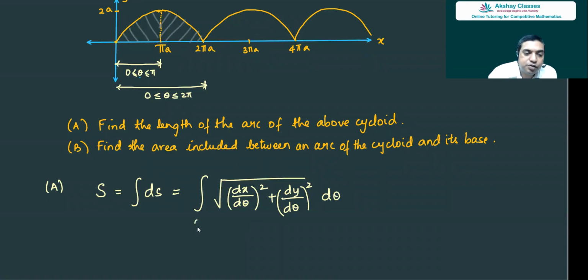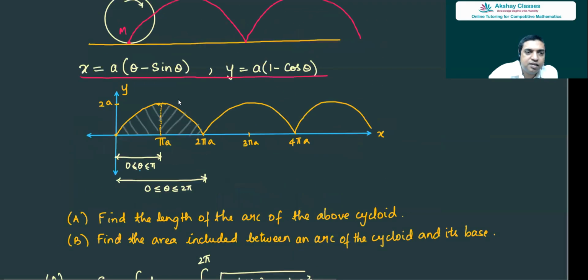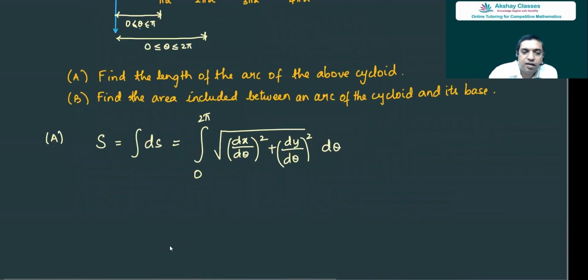Theta varies from 0 to 2 pi for one full arc length.